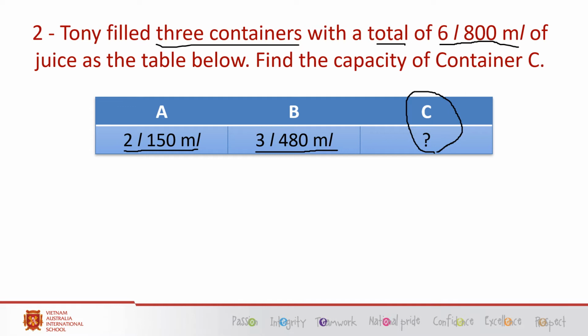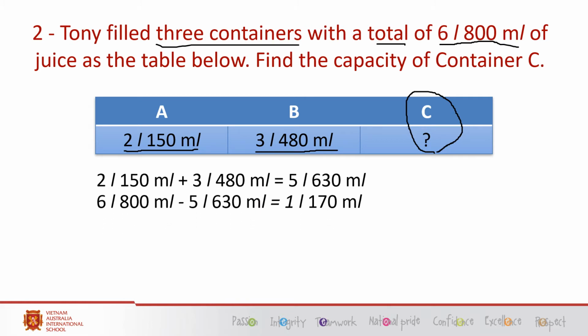Okay, this is the way we do it. We have the capacity of 3 containers, and we have the capacity of containers A and B. First, we find the total capacity of containers A and B. Then we take the capacity of 3 containers minus the capacity of A and B. The answer is 1 liter 170 milliliters.